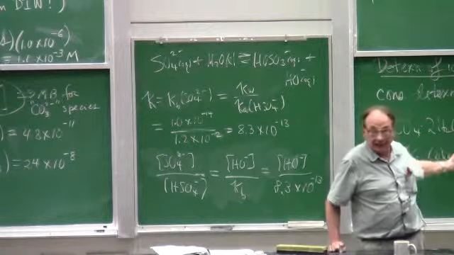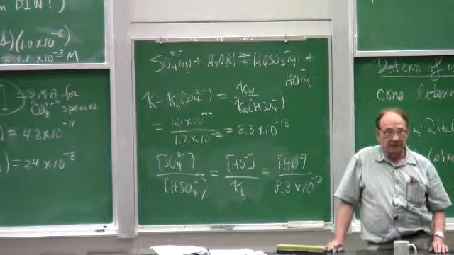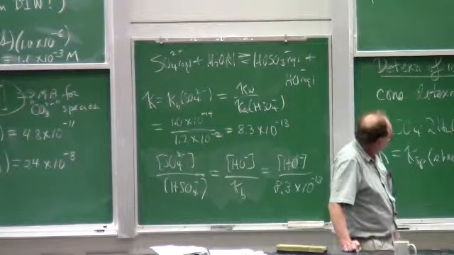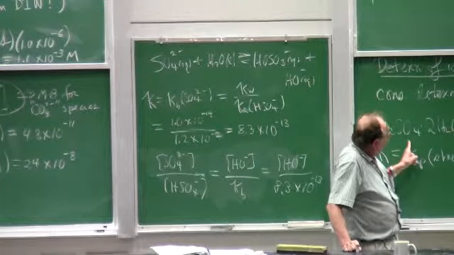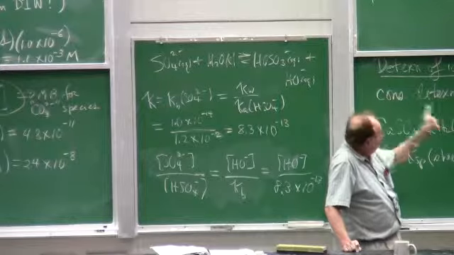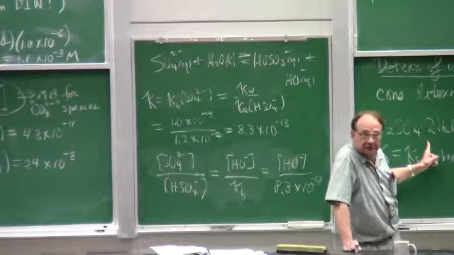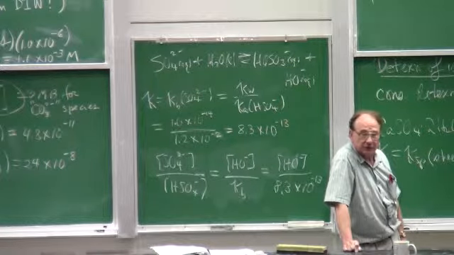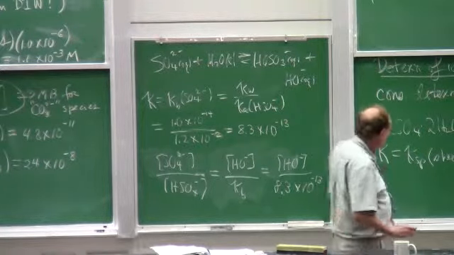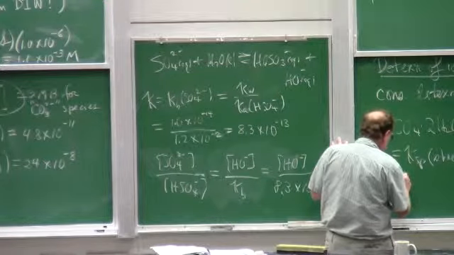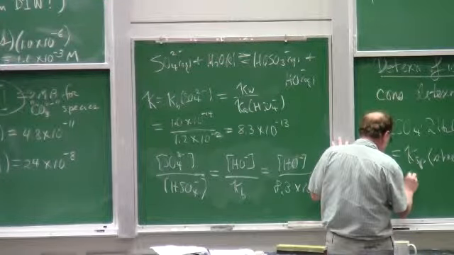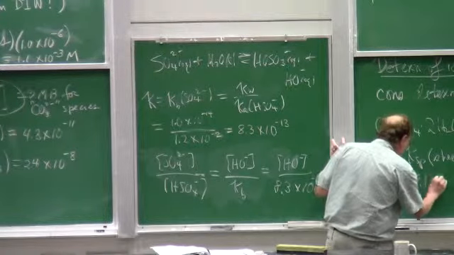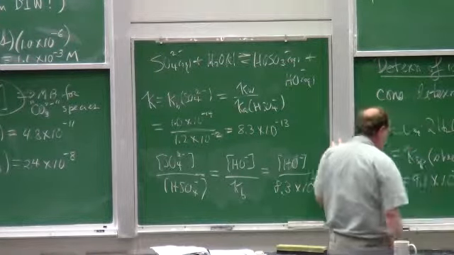Because the solution has got to be at least mildly basic. So, I repeat my question. Do I have to pay attention to the hydrolysis of sulfate ion if I want to calculate correctly the solubility of this stuff in water? No. KSP for calcium sulfate doesn't. So I'll take a look at the KSP value. Let's see. Yes. 9.1 times 10 to the minus 6.